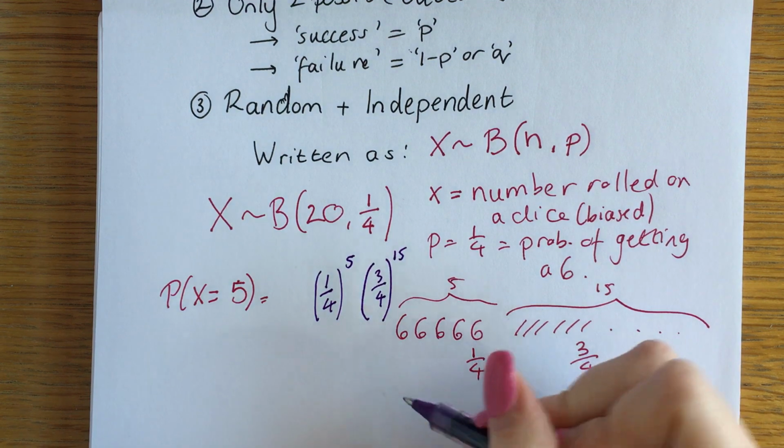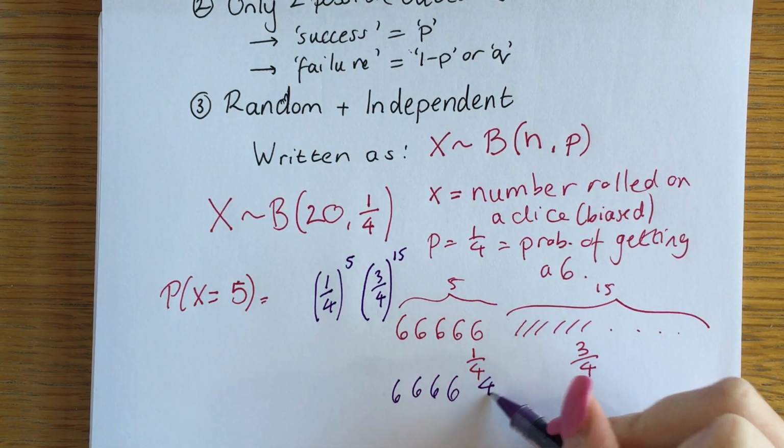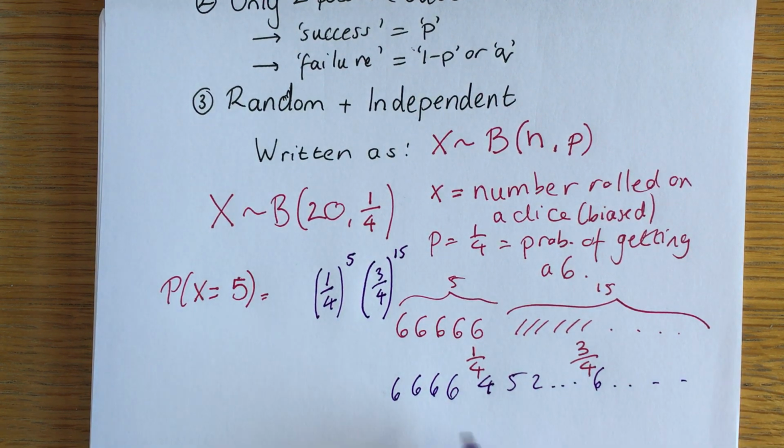But it might be that I get 6, 6, 6, 6, 4, 5, 2, and then I get a 6 later on. I could get a number of different combinations where I get 5 6s.